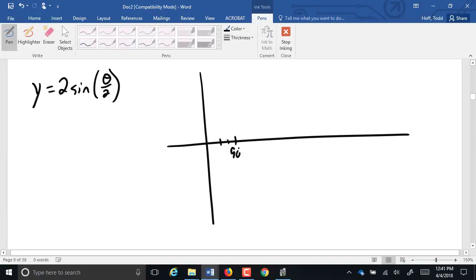What's going on here? Okay, exactly. We're not used to seeing it written that way. We haven't really talked about this yet.